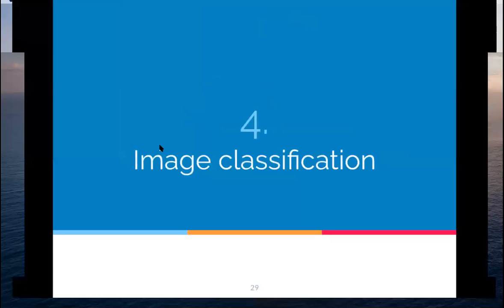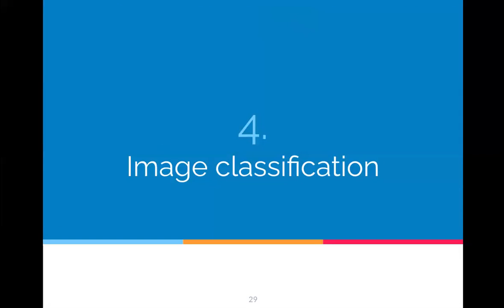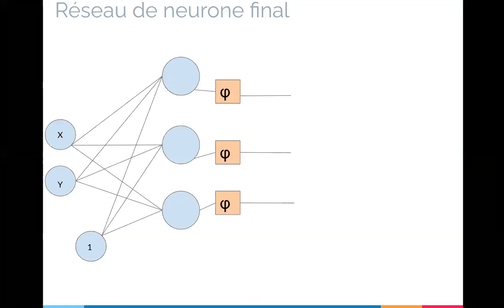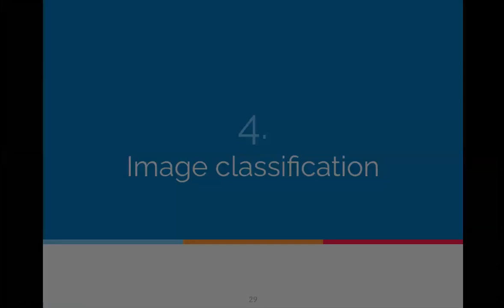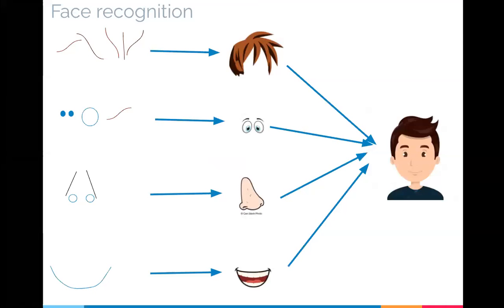So back to the image classification. Now we have understood a bit the role of the intermediate layer, and I want to emphasize it with the conceptual idea of deep learning. When, for example, we are realizing face recognition, what we're going to do first of all is identify some very low-level features, for example some line, or some circle.